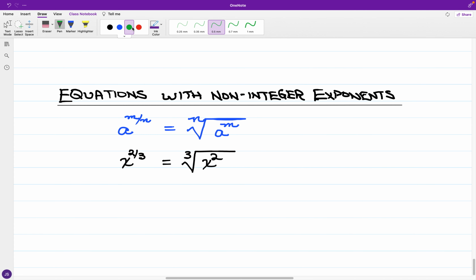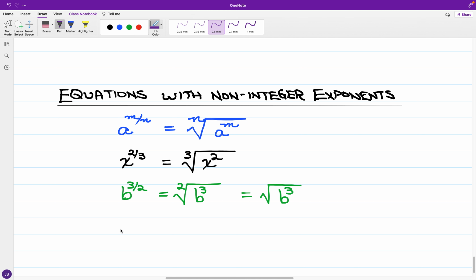And if I have, let's say, b to the 3/2, the denominator is 2, so the index number is 2, so we're looking at the second root of b to the 3rd, and second root radicals are just square roots. So b to the 3/2 is the square root of b to the 3rd.